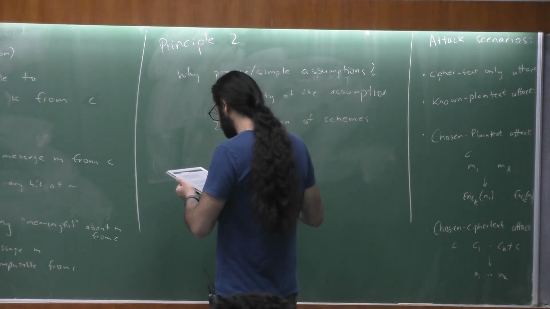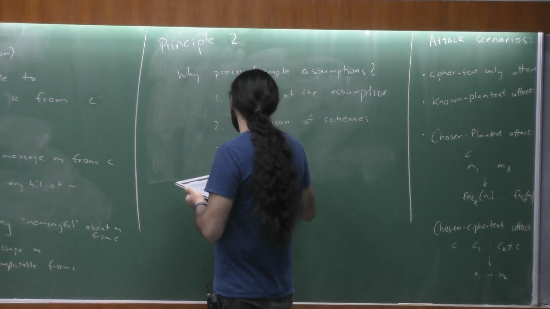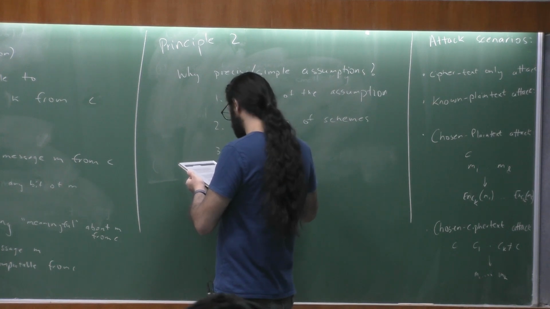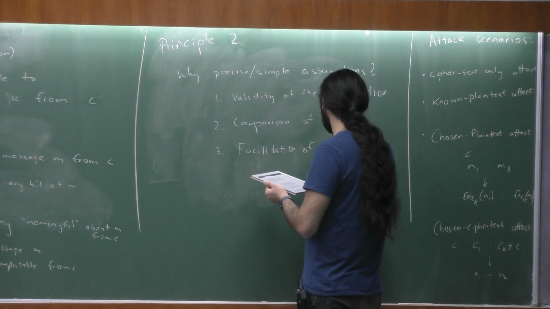And the third is facilitation of a proof of security.